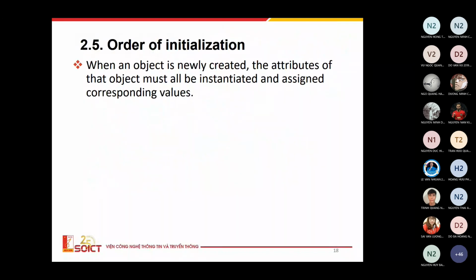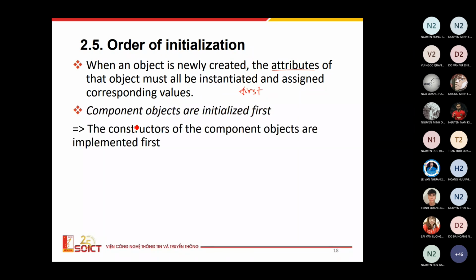Okay, so what is the order of the initialization? When an object is created, of course, the attributes of this object must be initialized first. So the order of the initialization is that the component object will be initialized first, and then the real object, the last object.